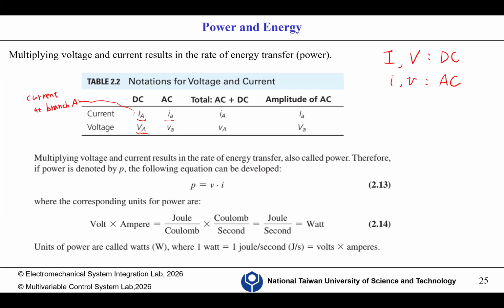And for voltage, it means voltage at node A. This is voltage at node A.